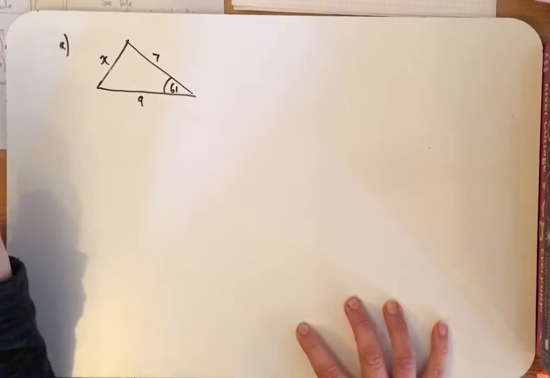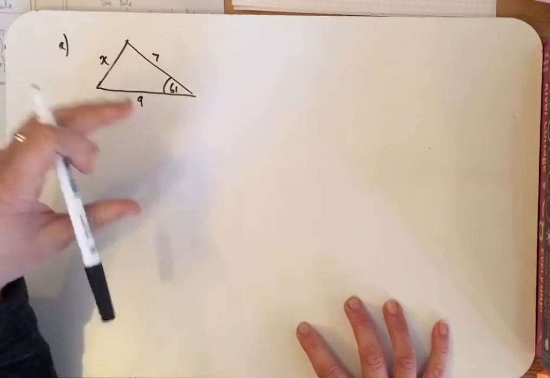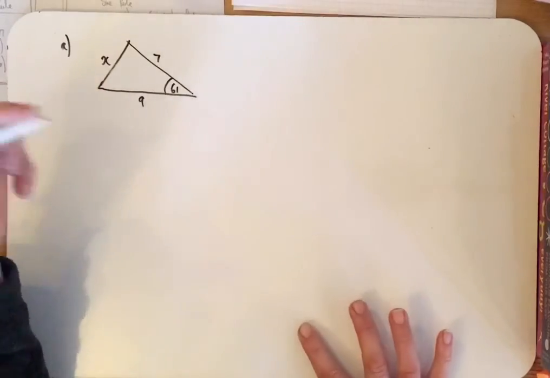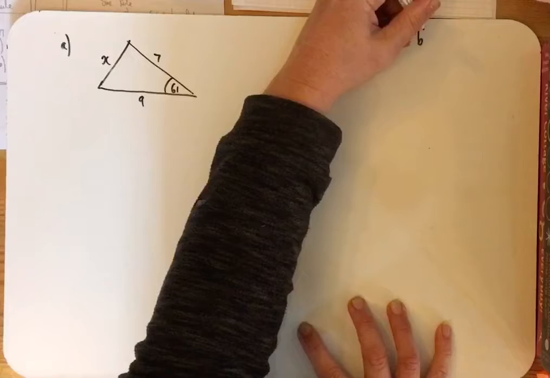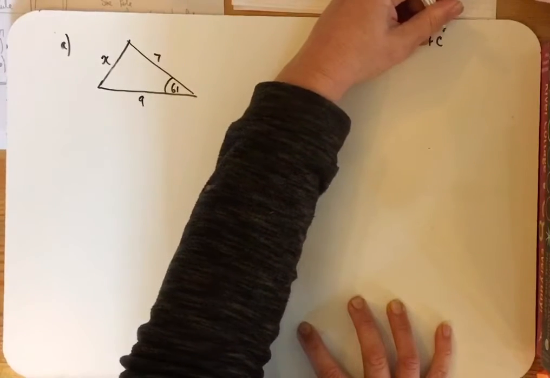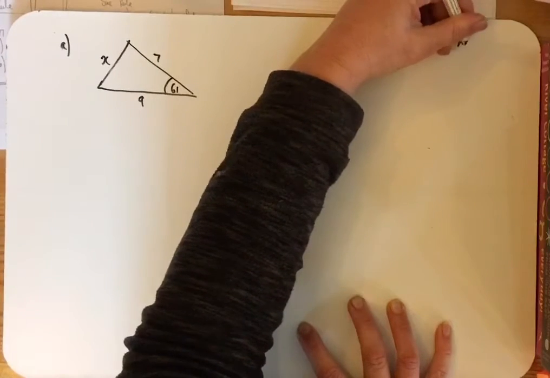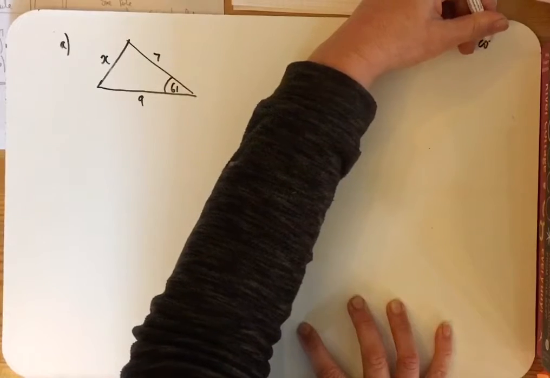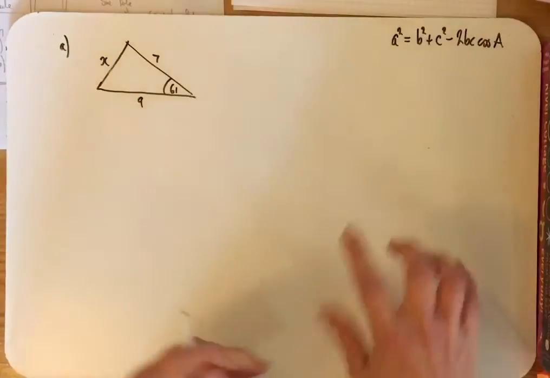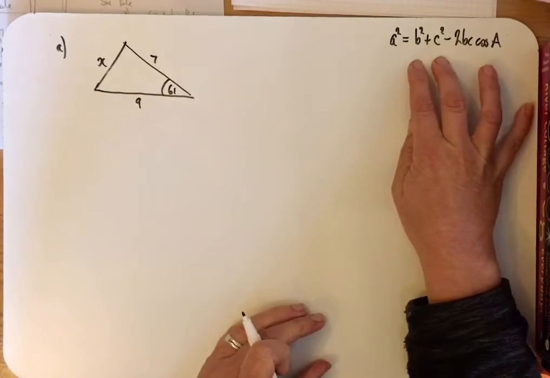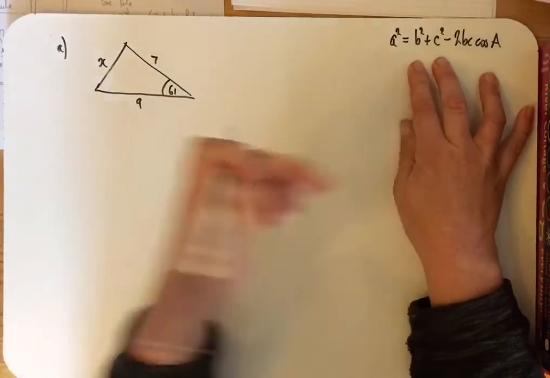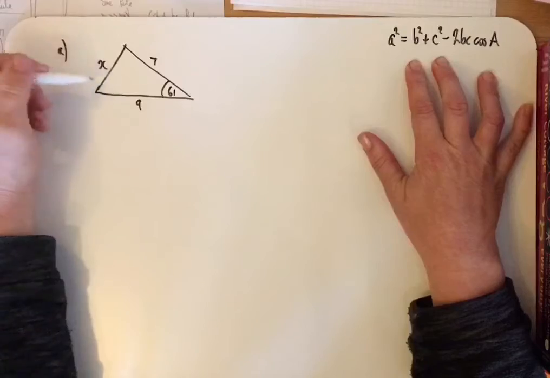Then applying the formula, again, I wouldn't label it up ABC. The right-hand side of the equation is your two sides and included angle, but it's symmetrical, so it doesn't matter which way around you put your two sides. This is the one I want to find.